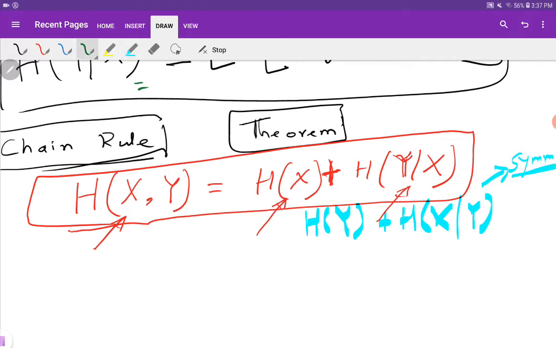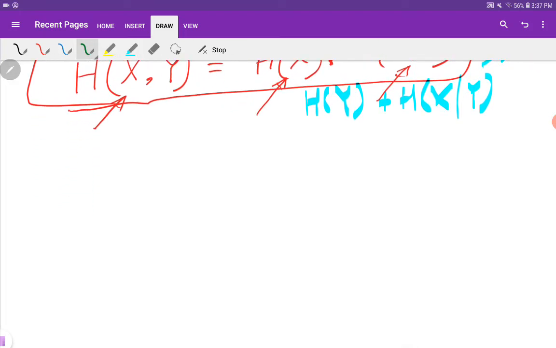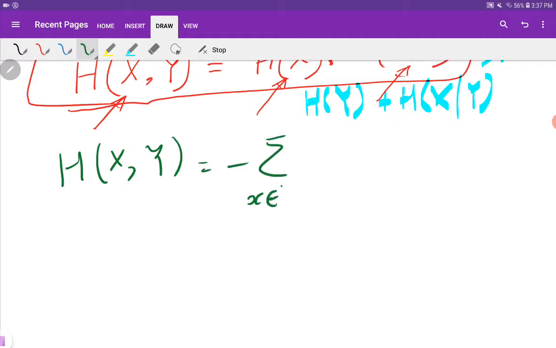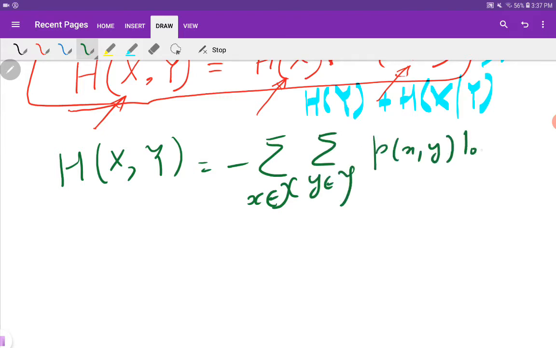But let's prove this theorem. So H of x comma y is given by minus the sum over x belonging to cursive X, y belonging to cursive Y, of p of x comma y log p of x comma y.